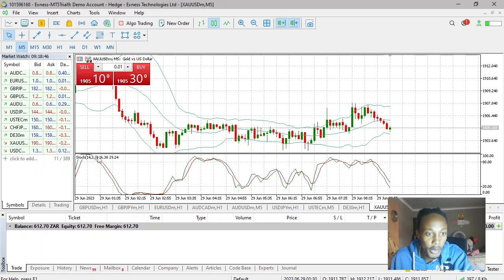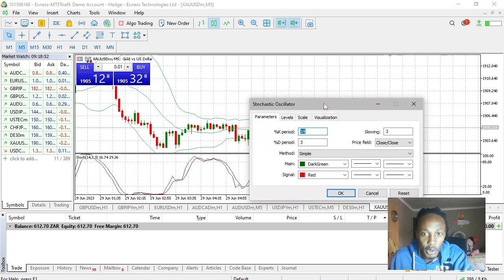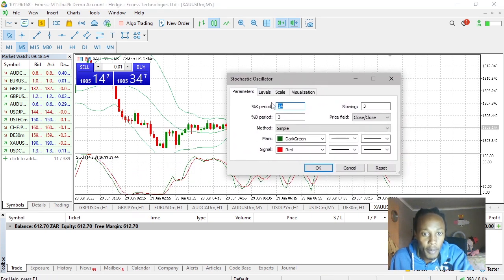Then we go to our oscillator. We go to settings. My K period is 14, so you insert 14 there. Then you also insert 3 below. Then my slowing is on 3 also. You say on close.